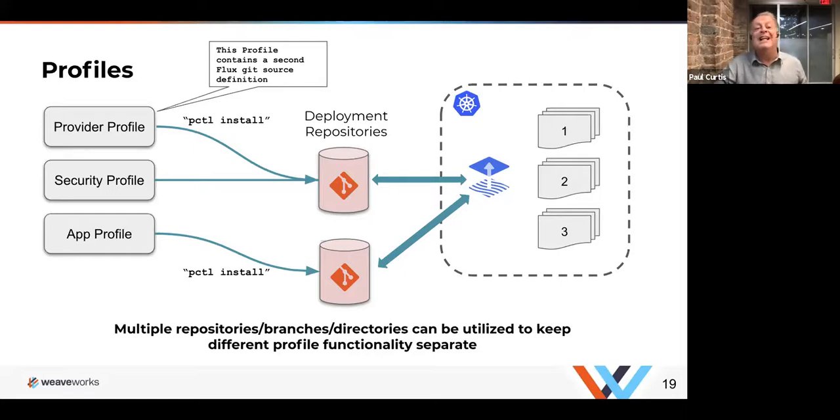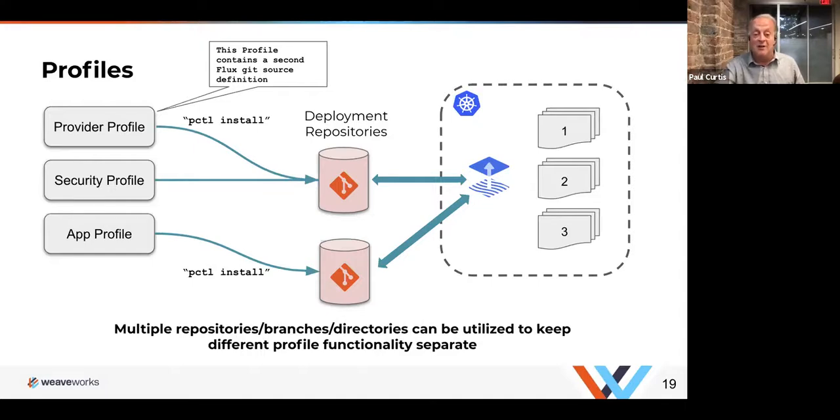So the application can have a target as well. And when you begin to think about how you deploy out to production, perhaps across regions or data centers, you want to be able to do this. Now, last point on this one, profiles are declarative. Like everything in Weave's world, everything is GitOps.